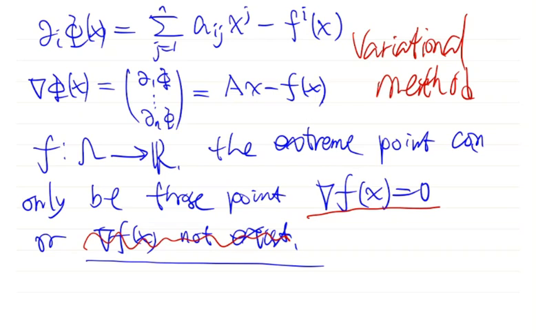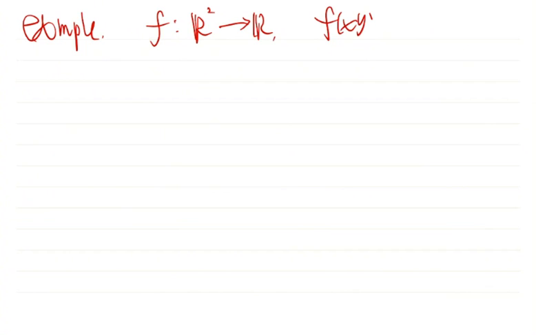a local maximizer nor a local minimizer. We have seen such an example in single variable calculus. Of course, you can also construct an example for a multivariable function. I will give you an example. Consider f, a two-variable function, f(x,y) is the multiplication xy.